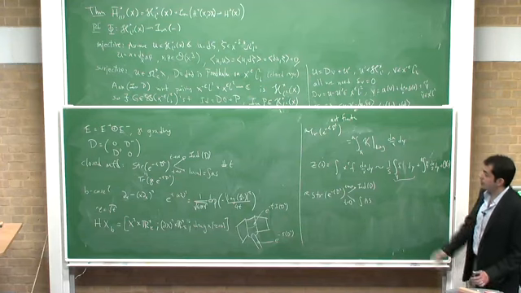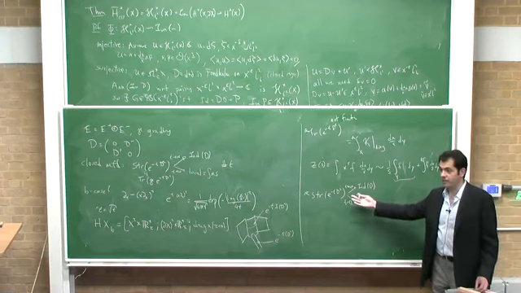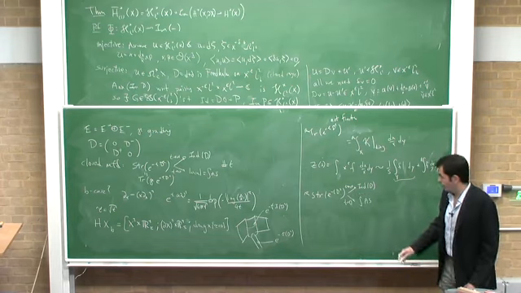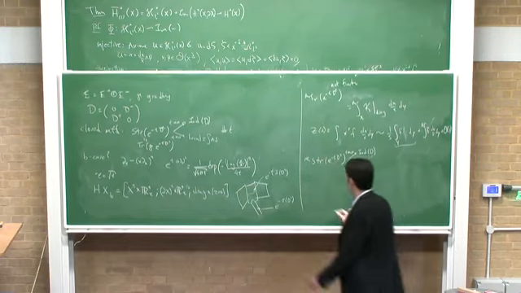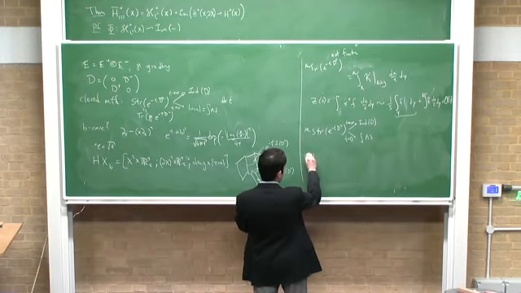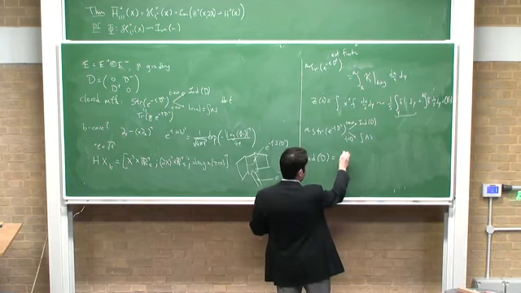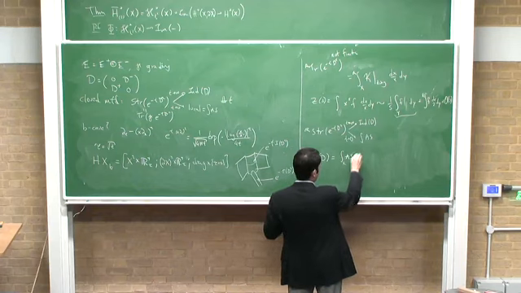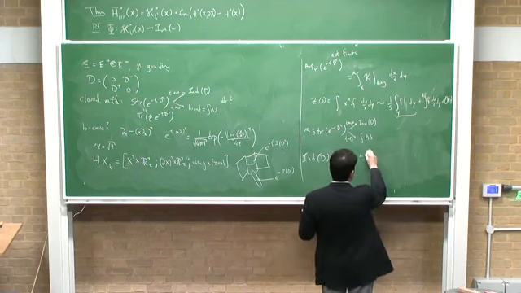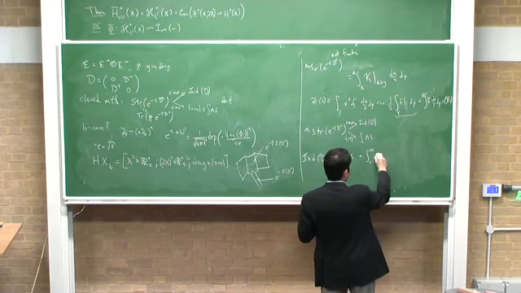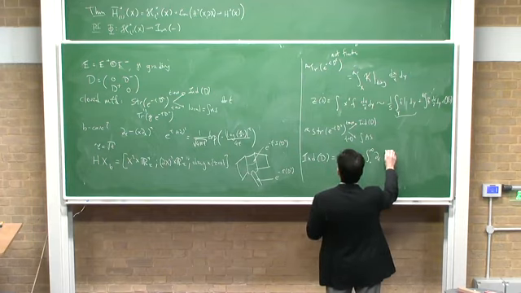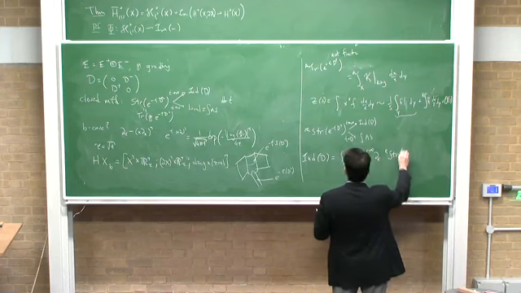But then we run into another problem, that this is not independent of time. So what you do is you write that the index is equal to this integral, so the usual local term, plus the integral from 0 to infinity of the derivative with respect to t of the renormalized supertrace.